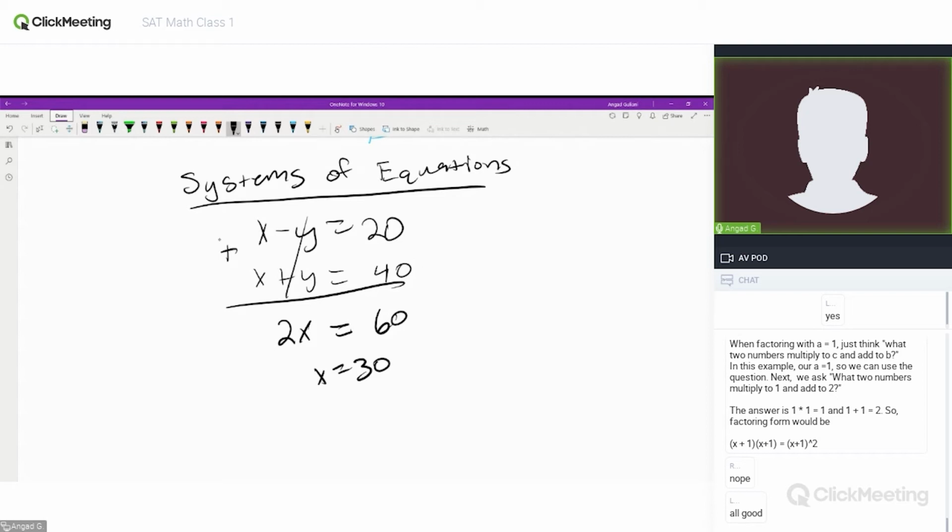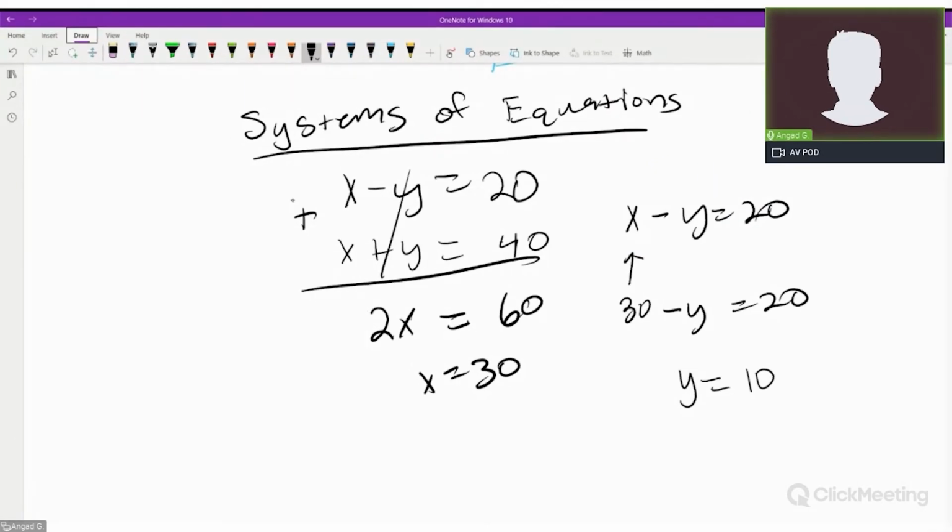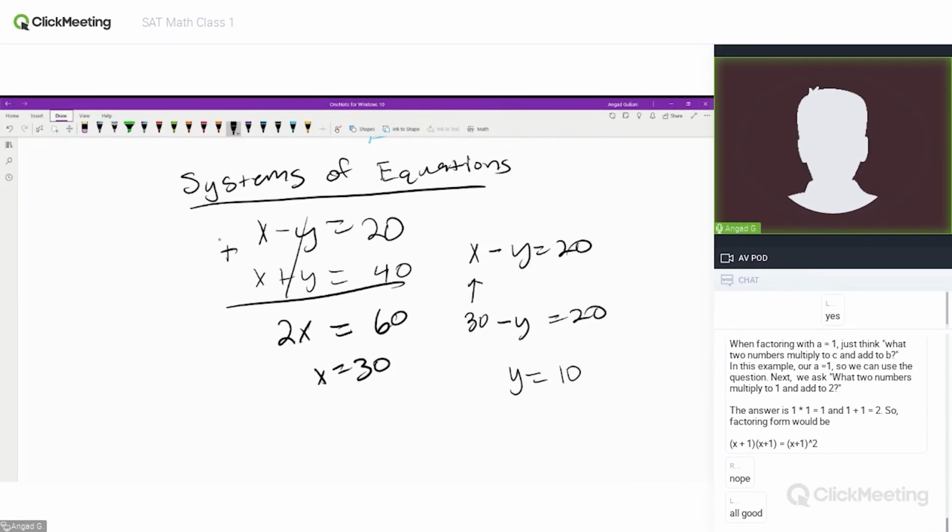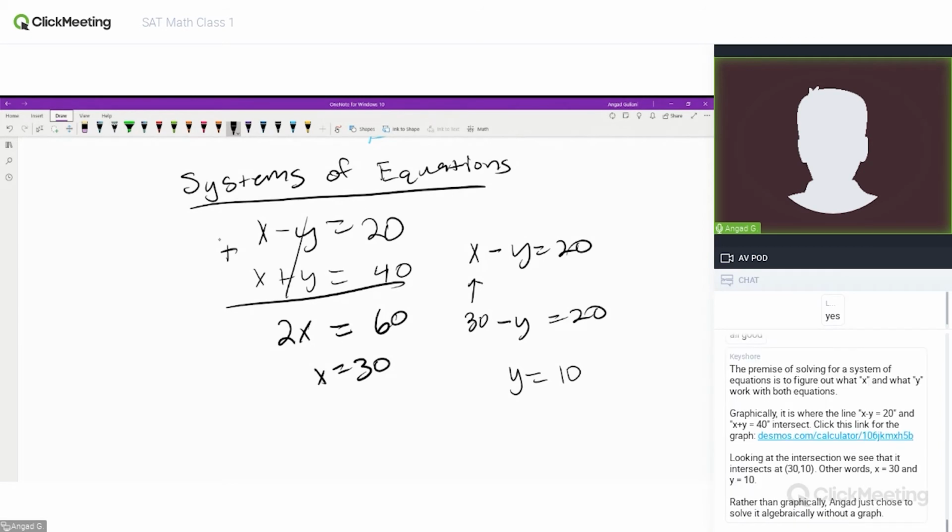Now to solve for y, we can plug this 30 back into one of the equations. So let's plug in 30 for x. 30 minus y is equal to 20, and we can get y is equal to 10. Right? You guys get that?